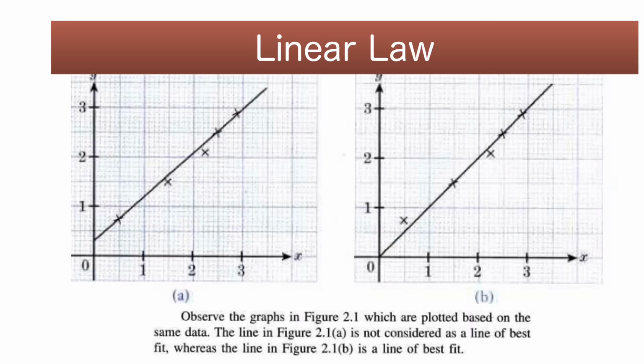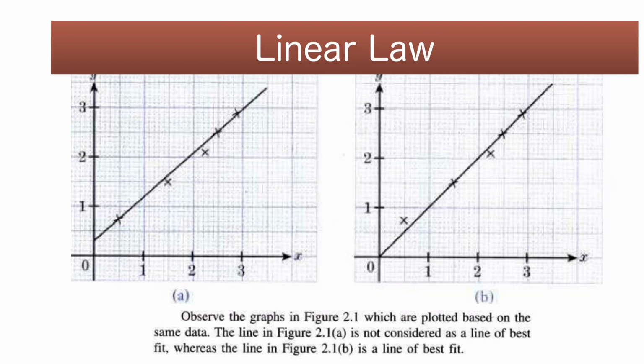Let's observe the graphs in figure 2.1, which are plotted based on the same data. The line in figure 2.1a at the left is not considered a line of best fit, whereas the line in 2.1b, which is at the right, is a line of best fit because it fulfills the two conditions just now.